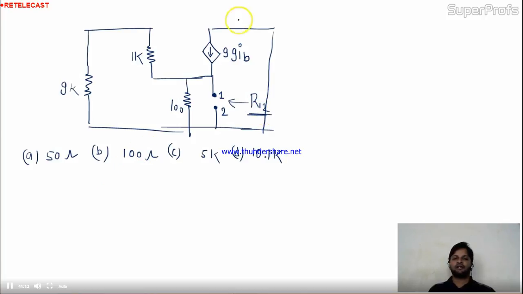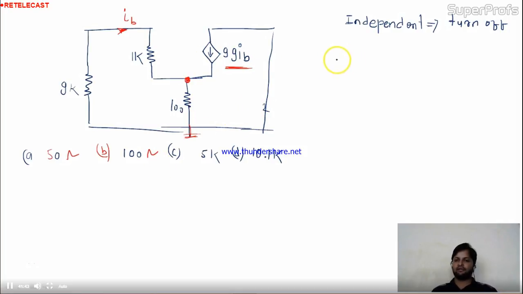See, you know already the procedure how to find out the resultant resistance, right? If we are having independent sources in the circuit, we have to turn them off. Here, I don't have any independent sources.